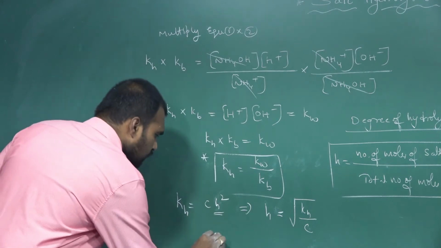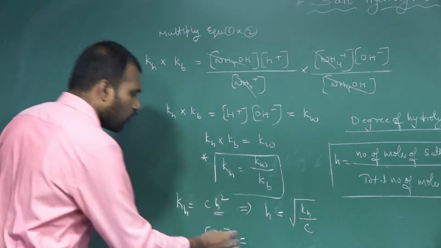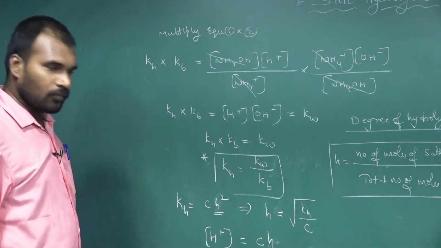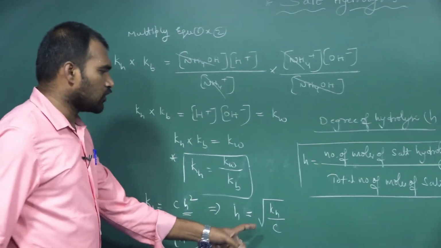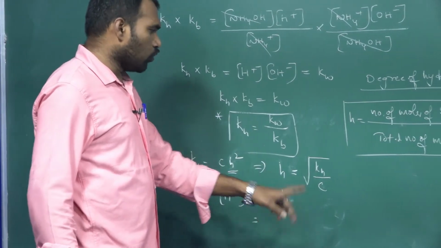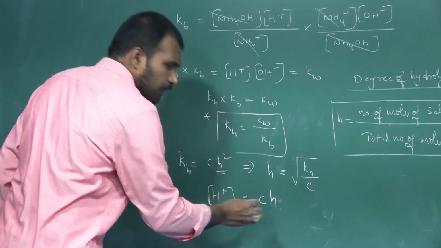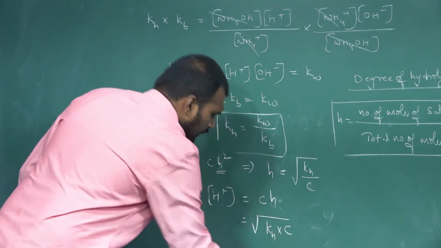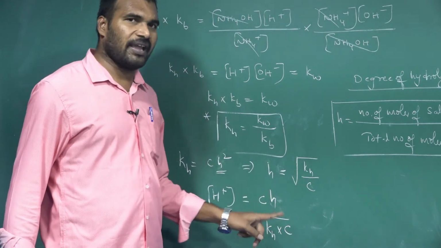So H plus concentration is equal to C alpha, that means Ch, that is equal to C into h, the square root of Kh by C. If you bring C within the root, it becomes C square, and C square will be cancelled. Finally, H plus concentration is equal to the square root of Kh into C.